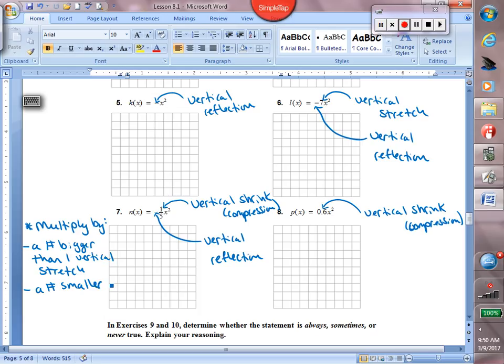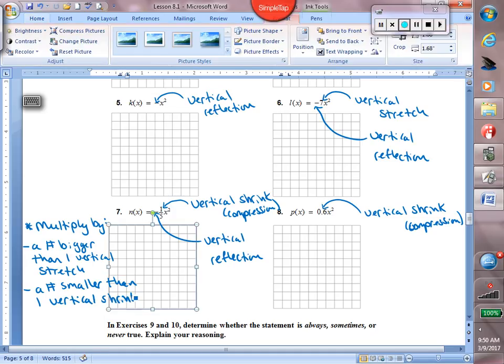A number smaller than 1, that's our vertical shrink.